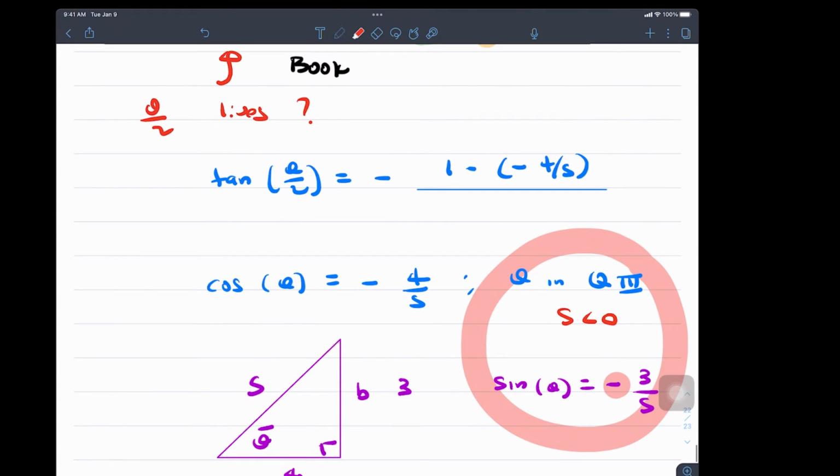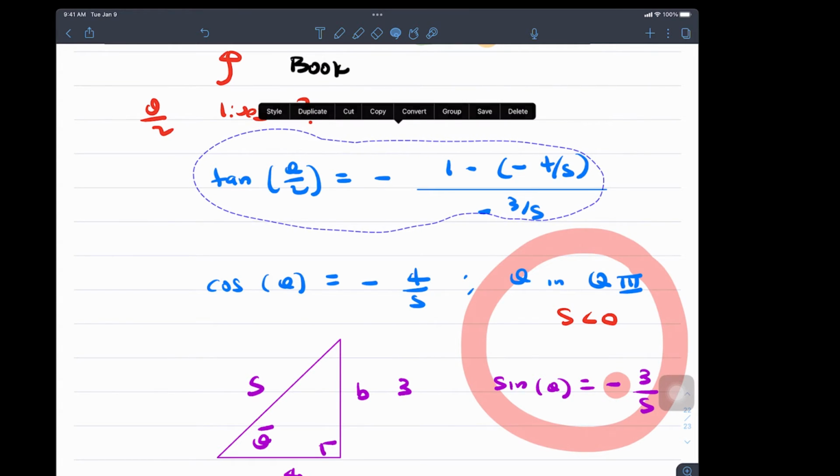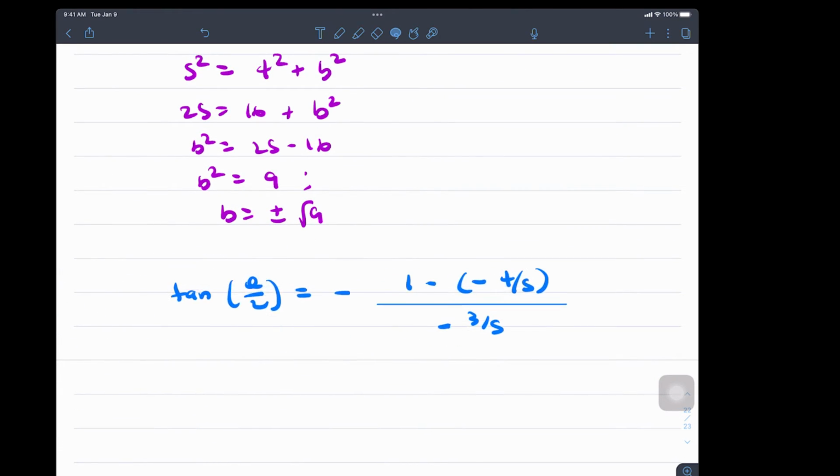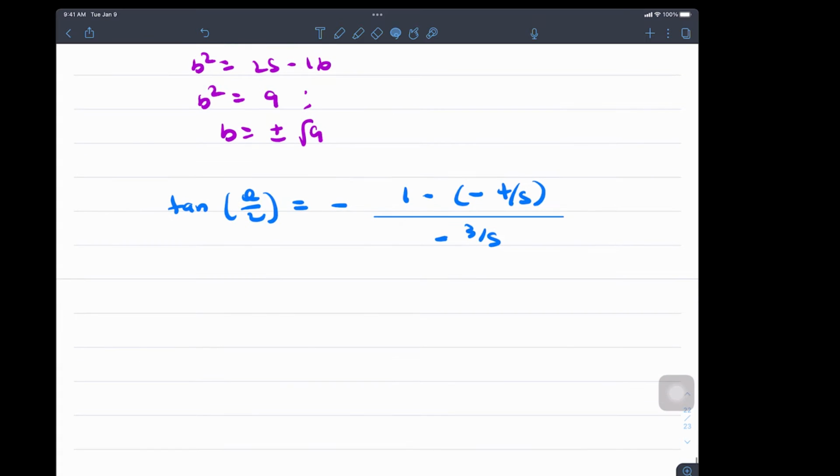Okay, so sine is going to be negative 3/5. So what are you going to put down here? Negative 3/5. 1 plus 4/5 over a negative 3/5.